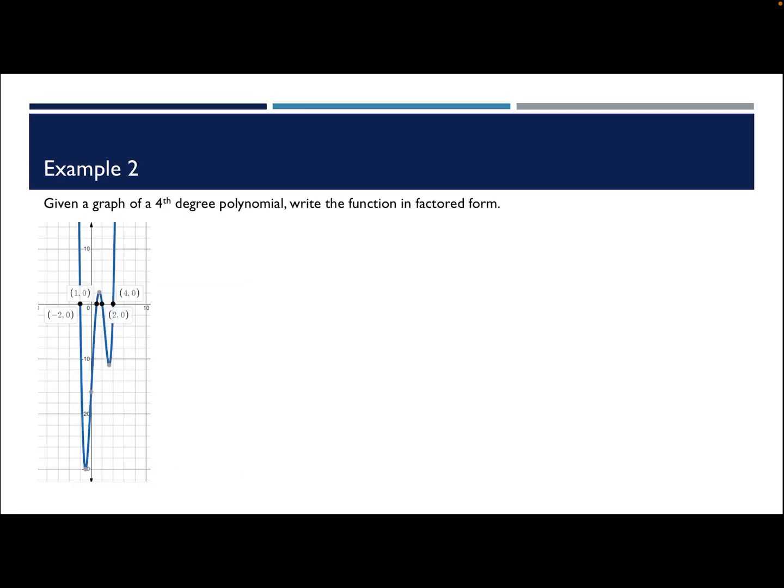For the next example, we're given the graph, and we have the roots of the graph already selected. So our four roots are x equals negative 2, x equals 1, x equals 2, and x equals 4.